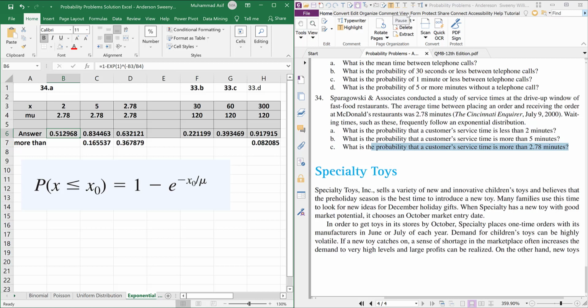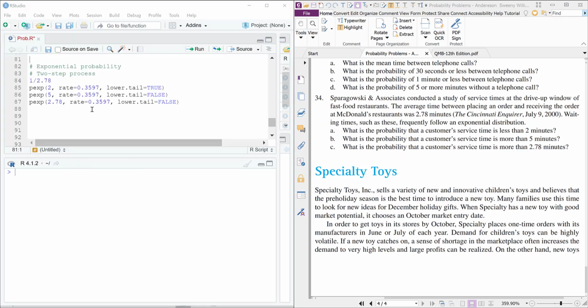We can also solve exponential probability problems in RStudio, and the syntax is PEXP, value of x, rate, and then we need to specify, are we talking about lower tail or upper tail. It's a two-step process.